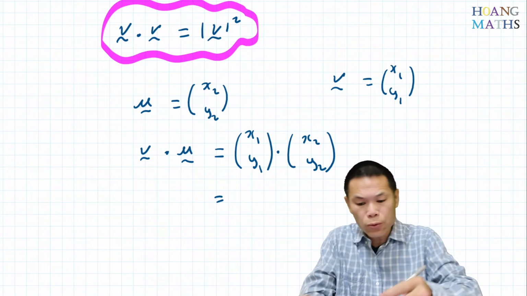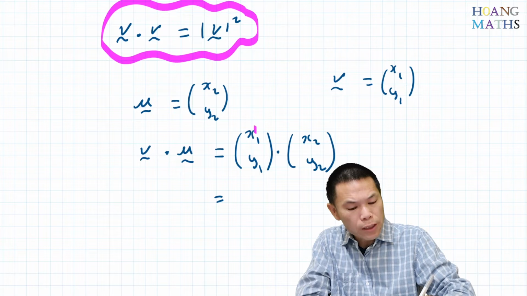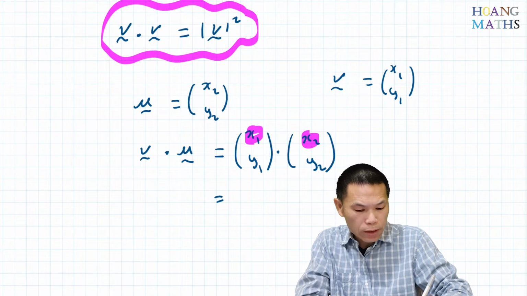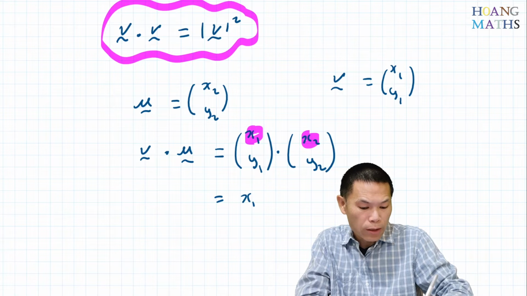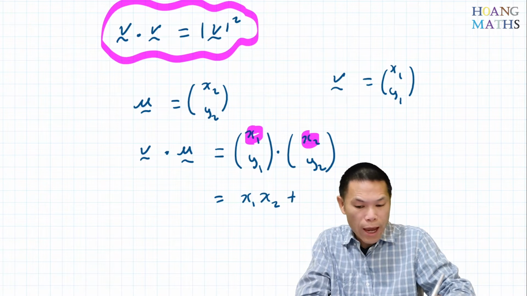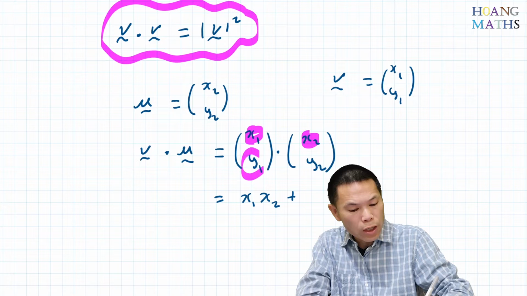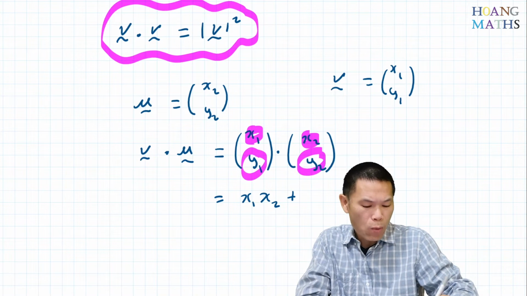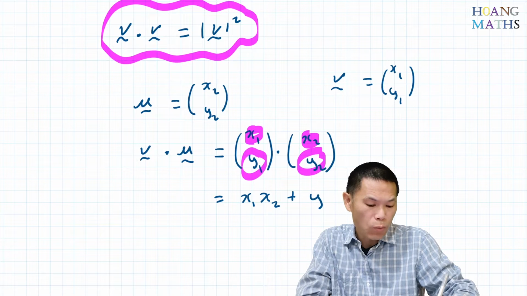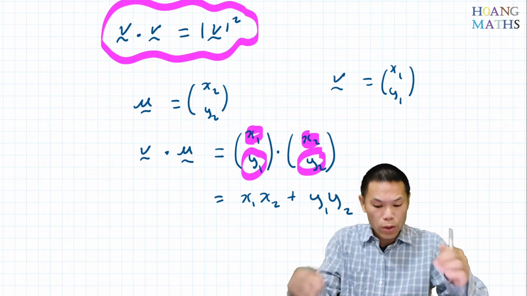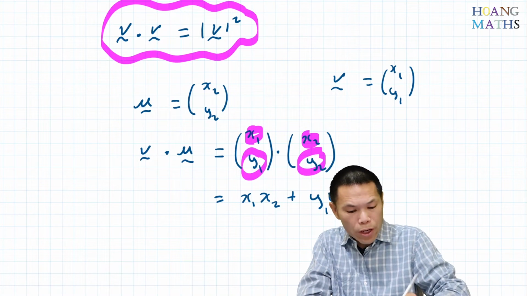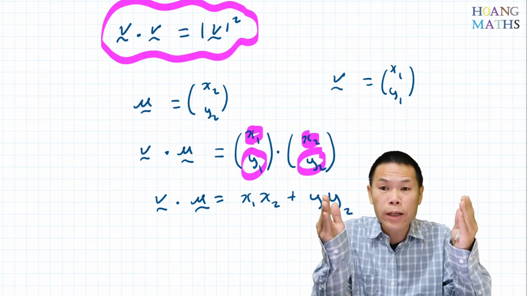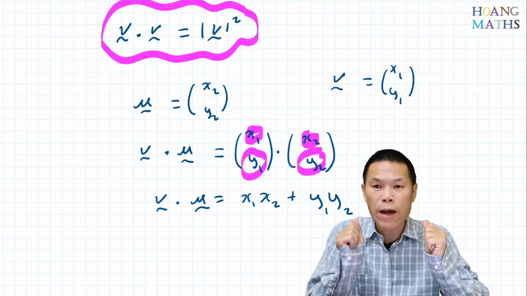We multiply the x components together, so that is x1 times x2, and then we add the y components multiplied together, so y1 times y2. So there you go. Therefore, v dot u is equal to x1x2 plus y1y2.